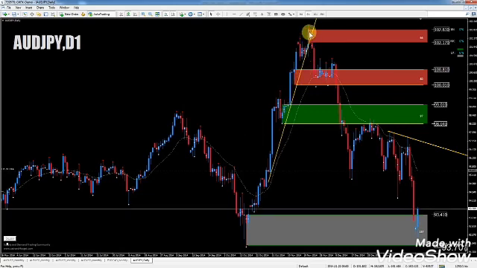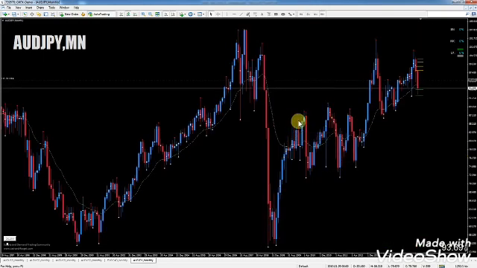Now let's see why price reacted to that area. It doesn't always happen like that, but most likely. If we are using the monthly, weekly, and daily time frame combination for our position type of trade, sequence and realignment, then we will switch to the monthly and see what we have here.